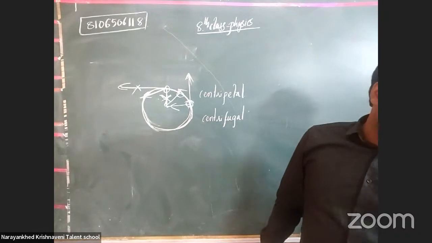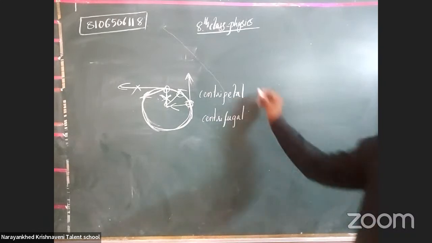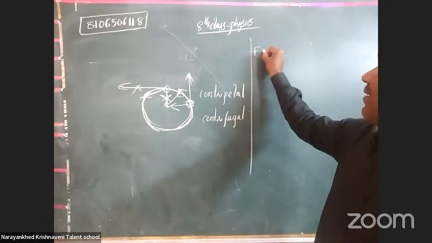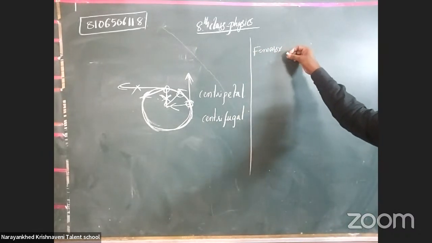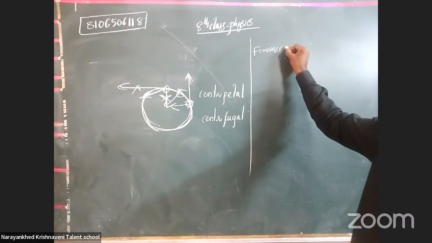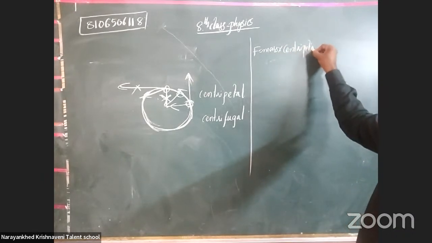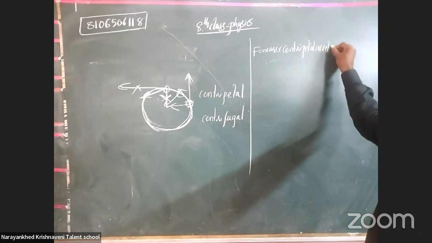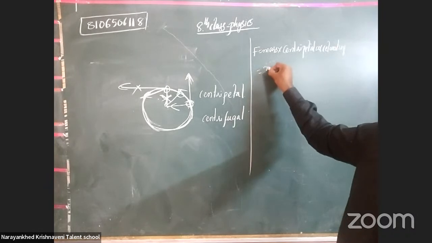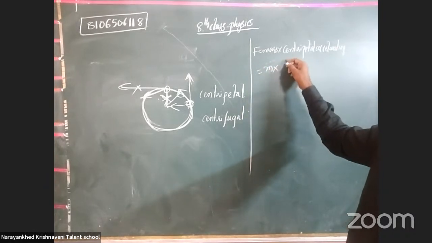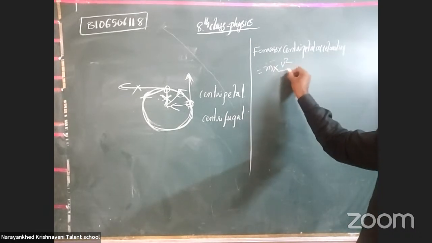And here, during circular motion, the force is written as F equal to mass into centripetal acceleration. Here, this is the mass, and the centripetal acceleration is v squared by r.